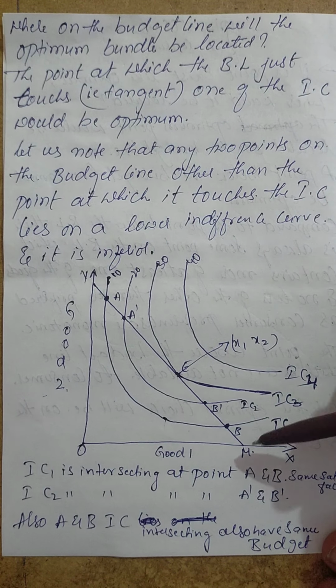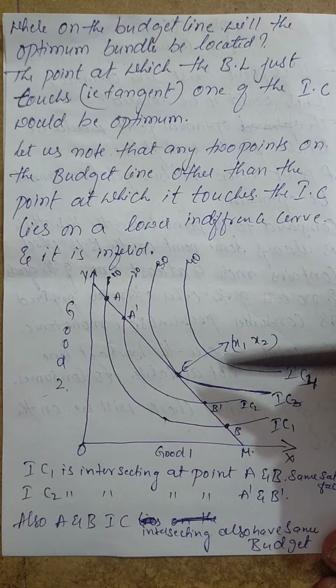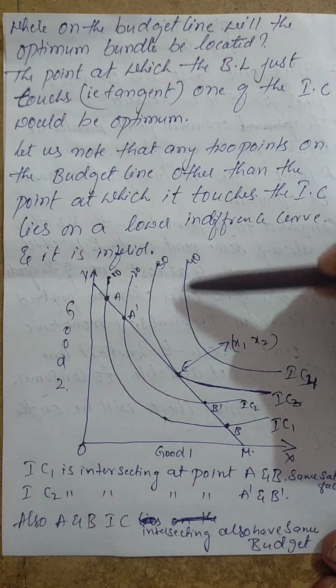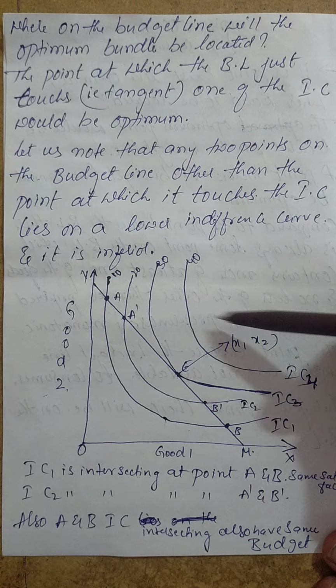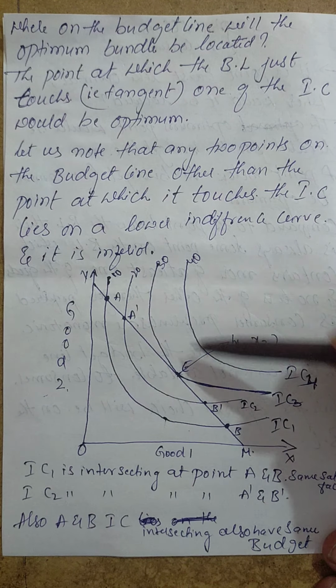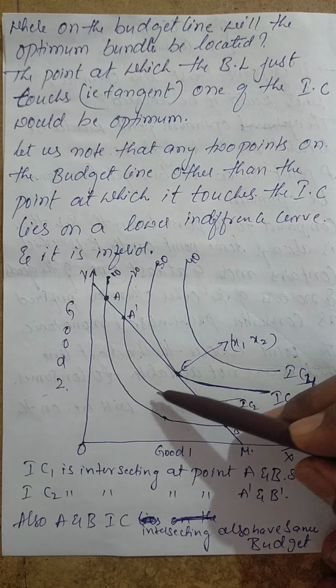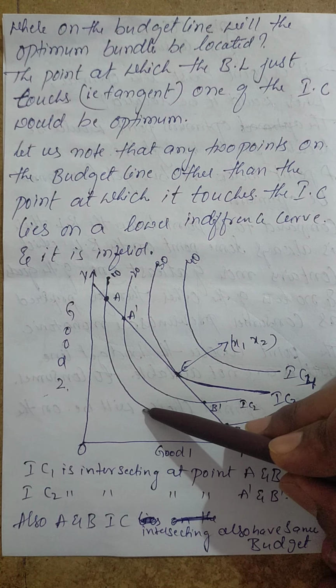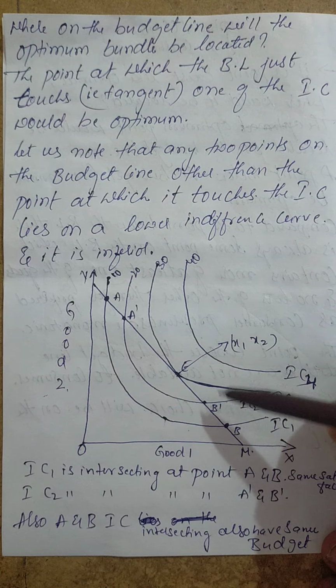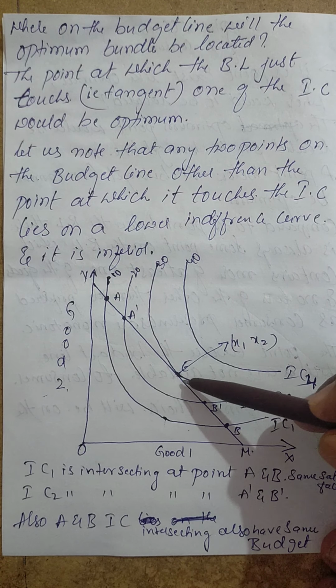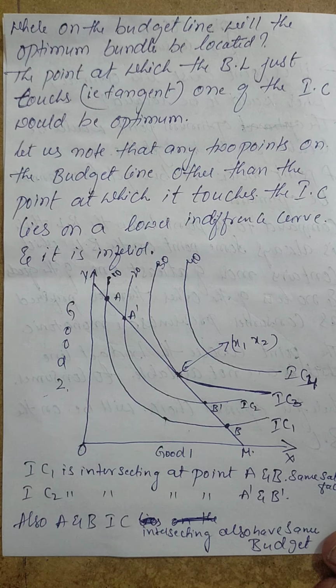Now we have used the budget line and the indifference curves. There is an indifference curve below the budget line, above the budget line, and on the budget line also.